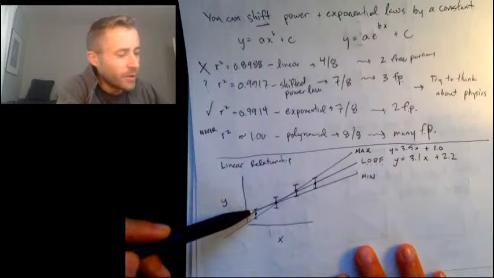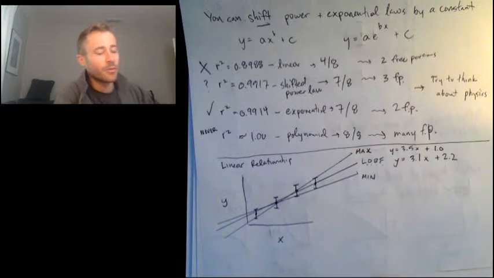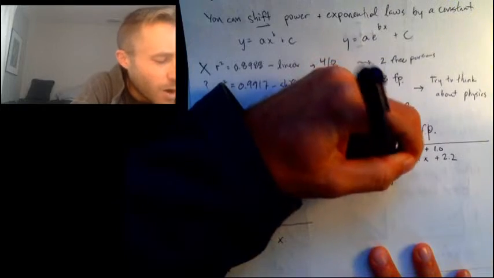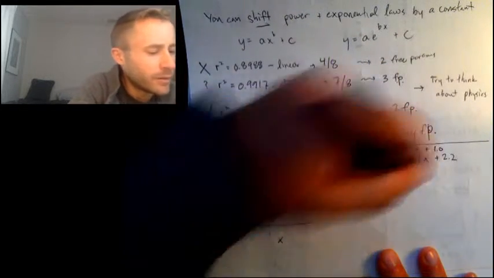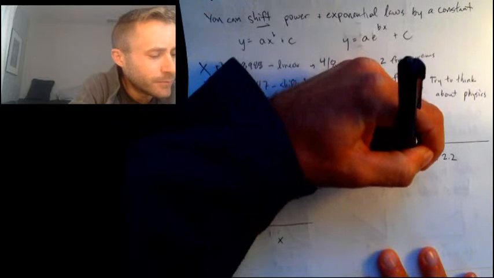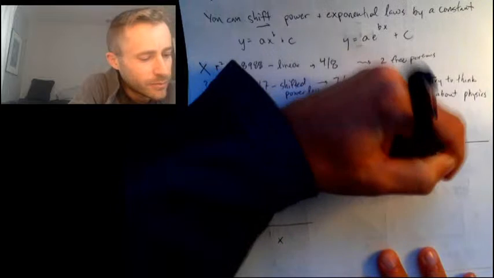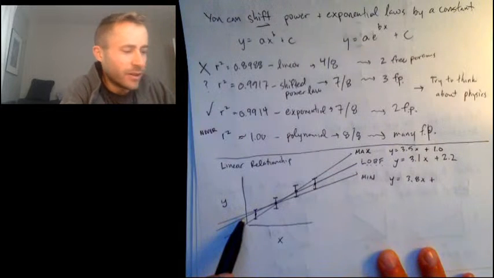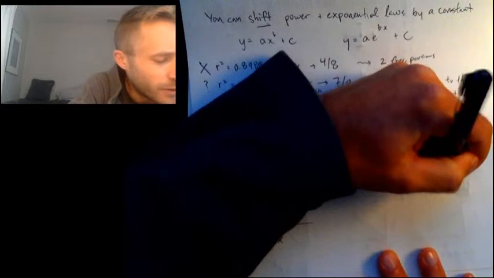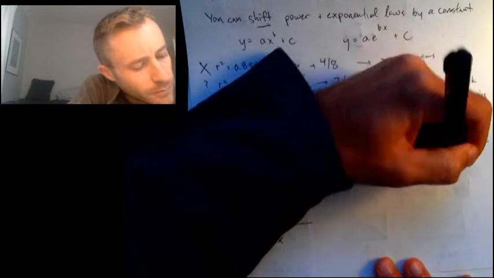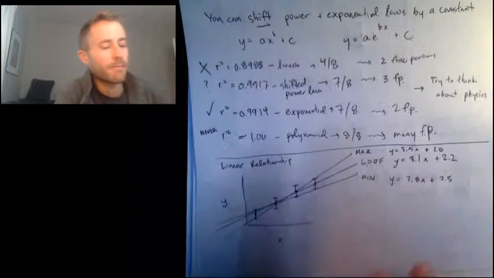It goes from the top of the leftmost error bar to the bottom of the rightmost error bar. So maybe this one is y equals 3.8x plus, and we can see that its intercept is slightly higher. So maybe it's plus 2.5, something like that. All right.